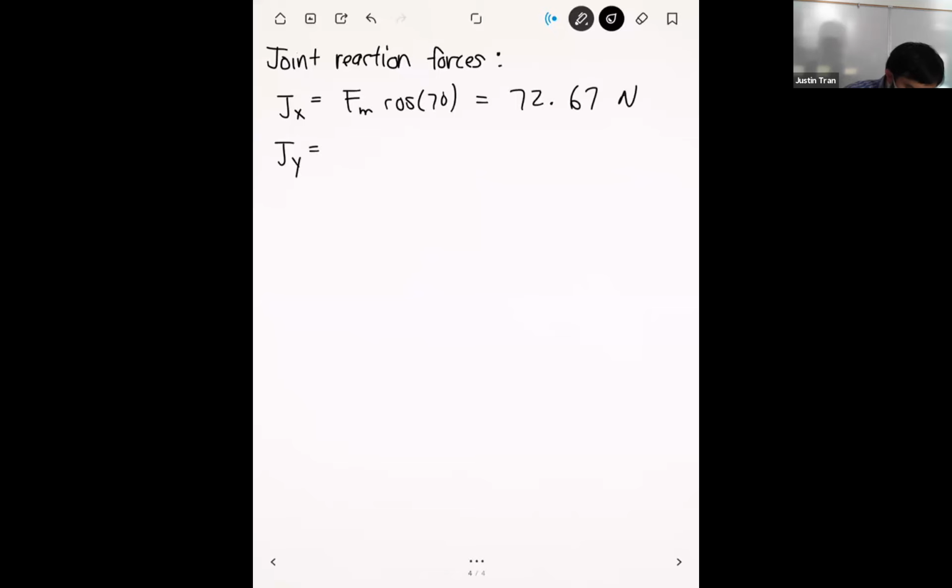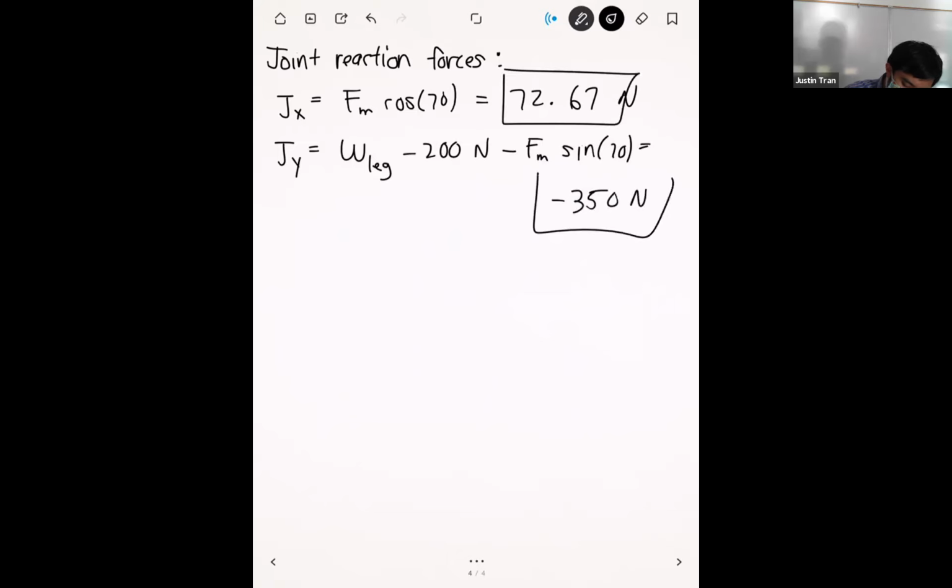And Jy is going to be the weight of the leg minus the 200 newtons minus Fm sine of 70. And you plug in for Fm, what you get is minus 300 newtons. And so you find the magnitude.